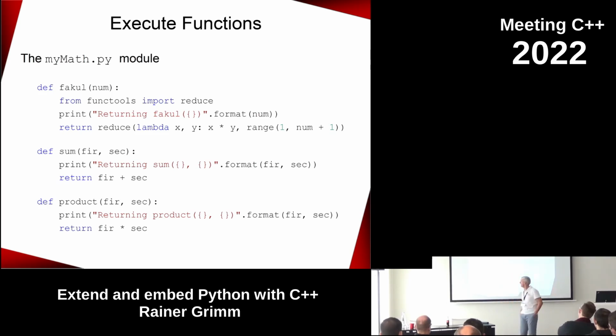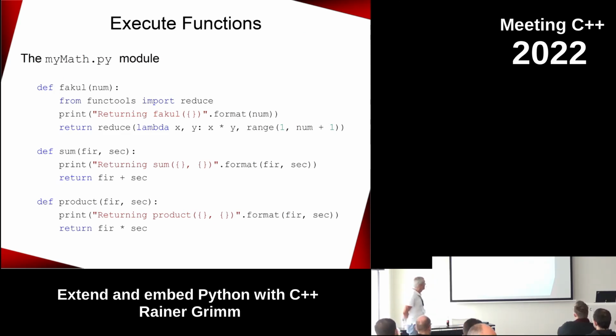Then I calculate the faculty using this functools function, which calculates the faculty by doing recursion. By the way, we have reduce in C++ since C++ 11. Before C++ 11, we call this accumulate. Just so that you learn also here a little bit about C++.